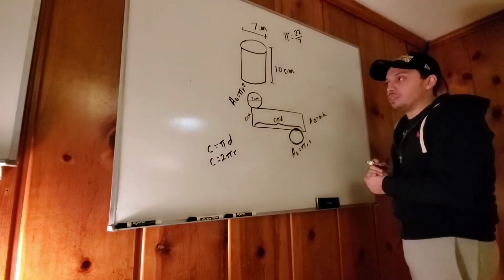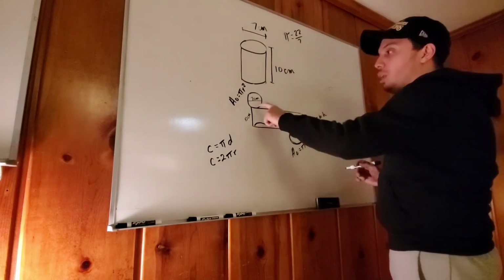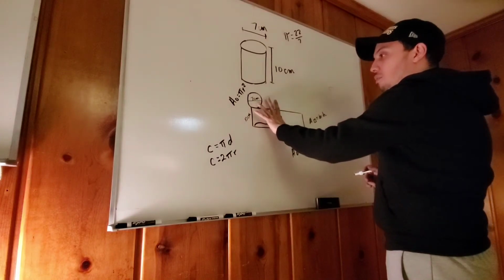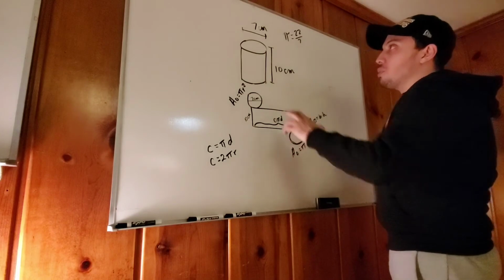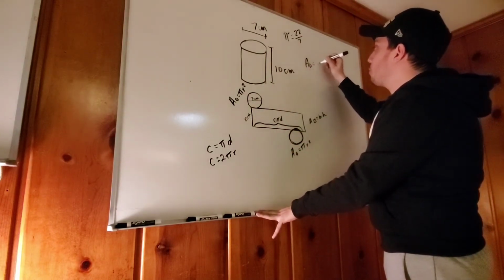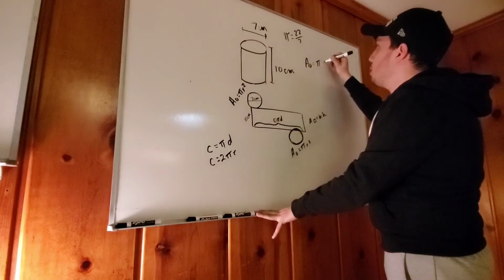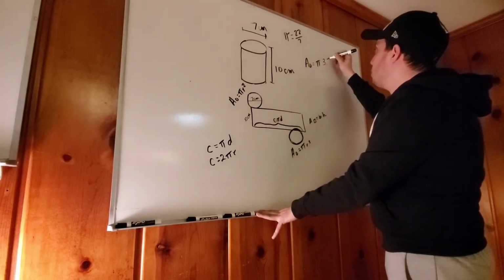Okay, 22 over 7. So, step 1, I would actually find the area of both circles. Okay, so the area of a circle is pi times the radius squared. The radius is going to be 3.5 squared.